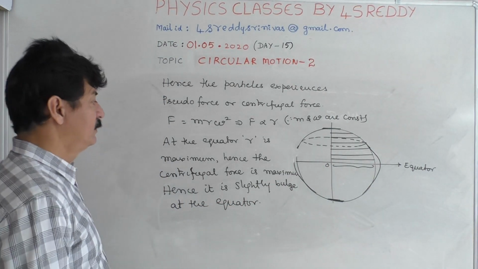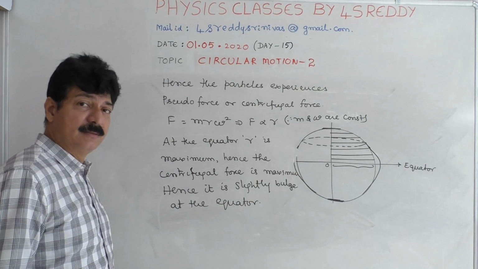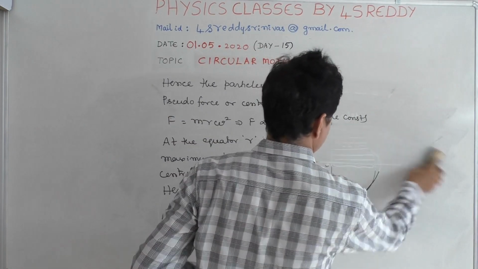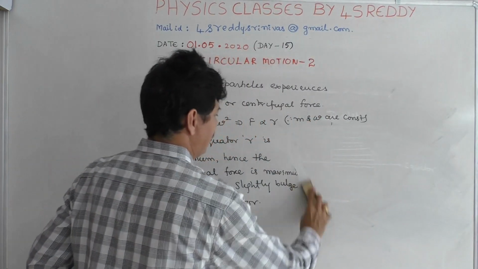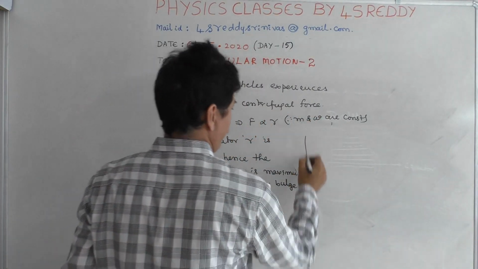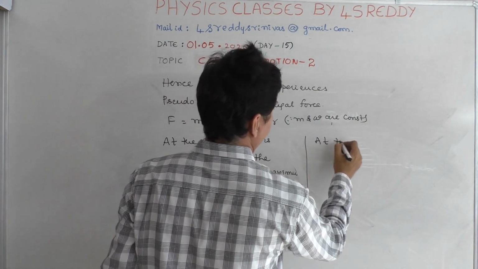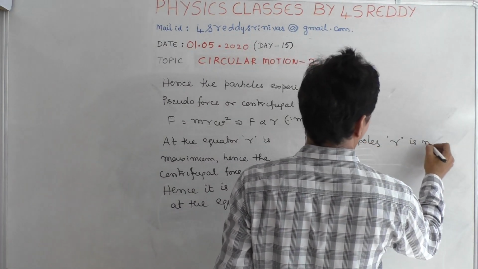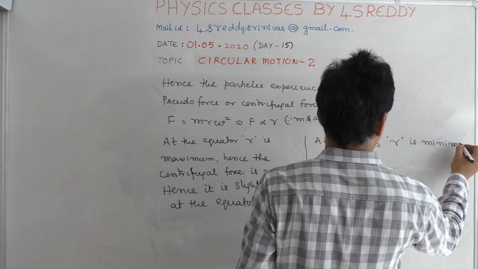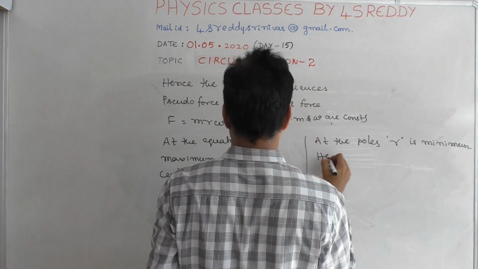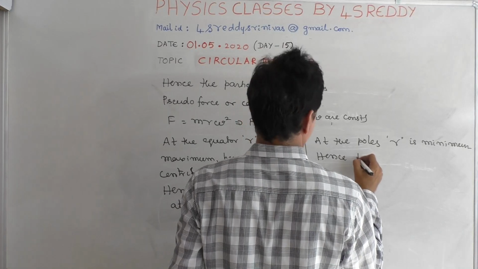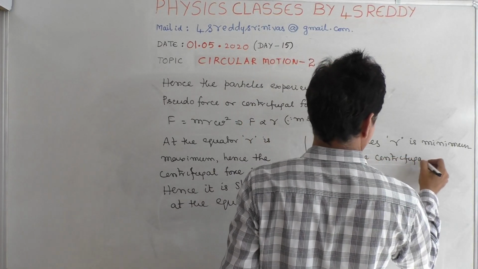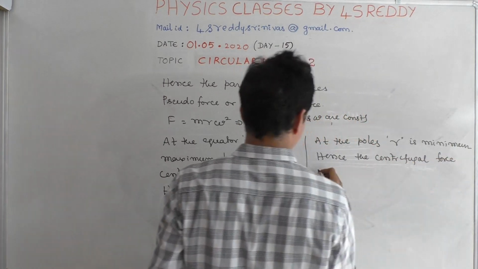And here at the poles, what happened? r is minimum. Hence, the centrifugal force is minimum.